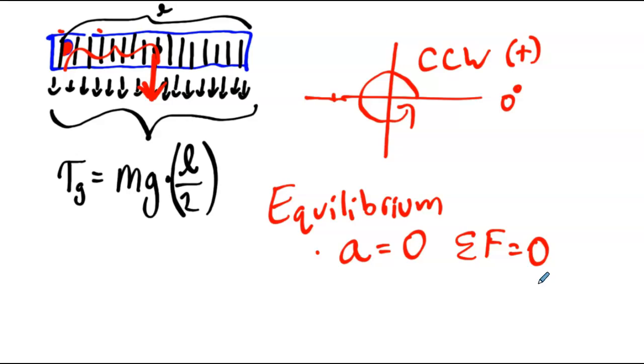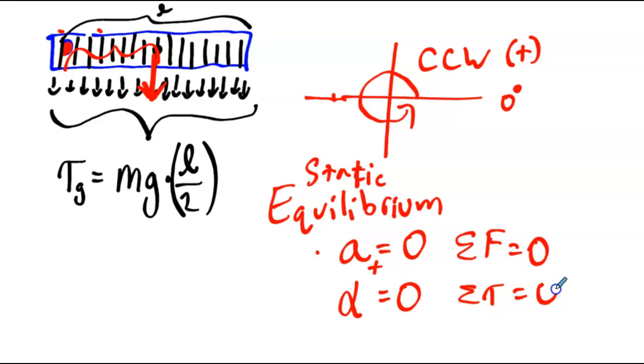Now, if we're talking about adding rotation in here, sometimes we can be at different stages of equilibrium. We could have rotational equilibrium, which we've been dealing with this whole time, translational equilibrium, which is what's really being described here, or static equilibrium, which means not only is my translational acceleration 0, my rotational acceleration is 0, which means that the sum of my torques is also equal to 0.